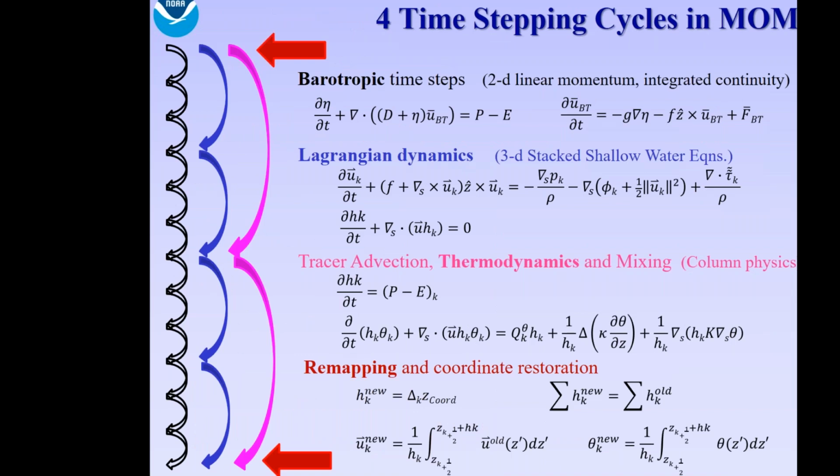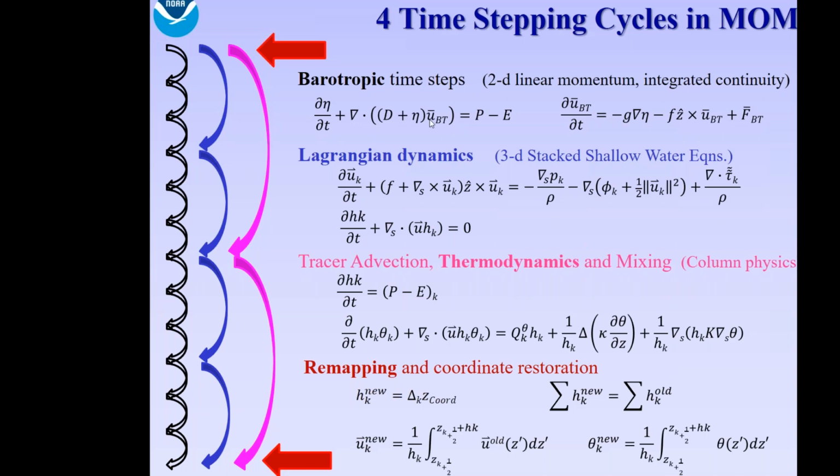And so this allows us to think of there being essentially 4 completely separate time-stepping cycles in MOM6, ranging from a very fast time-stepping cycle associated with the fastest motions in these hydrostatic primitive equations, the external gravity waves.